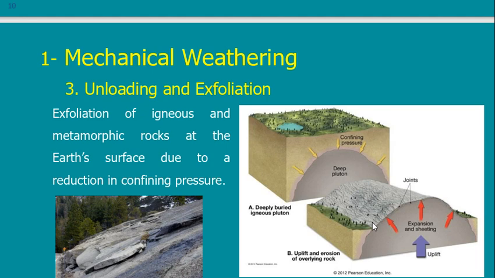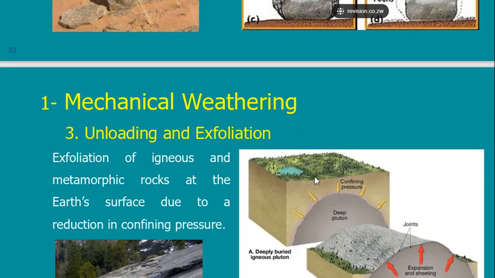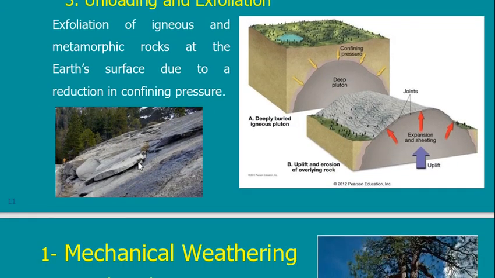What is this shape? I have here a type of rock. It is as if it is uplifted to the ground, and I have around it another type of rock. So this igneous rock, what will happen to it? It will be exfoliated. It means that I will have the upper part, similar to what is happening here, but this is a little bit stronger. This is something very weak, just thin particles, but here I have something similar to what you see in this photo.